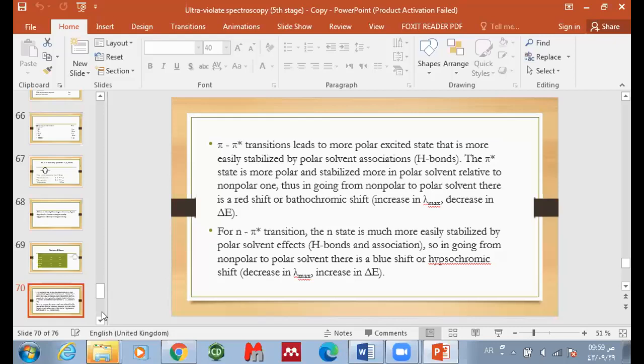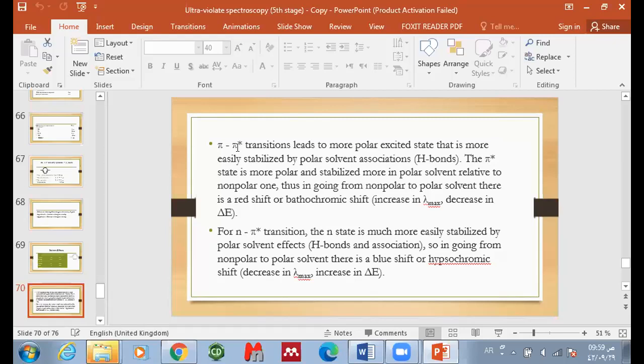We discussed before the transitions which can happen in molecules. And we said there are 4 types of transitions. Actually, there are 5. We missed one last time. And we discussed the major transitions that can happen. We have here the pi to pi star transition. This transition is stabilized by polar solvent through association with a hydrogen bond.